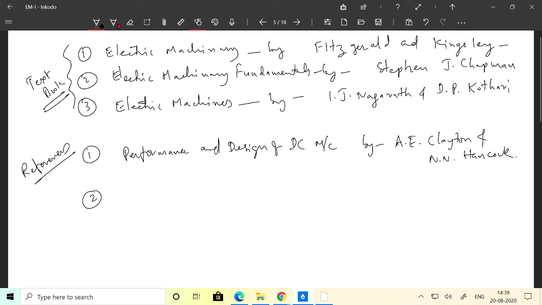And the second one is Performance and Design of AC Machines by M.G. Say.